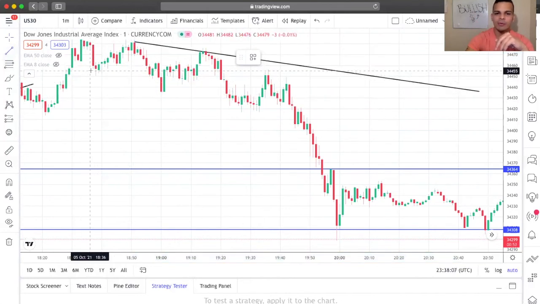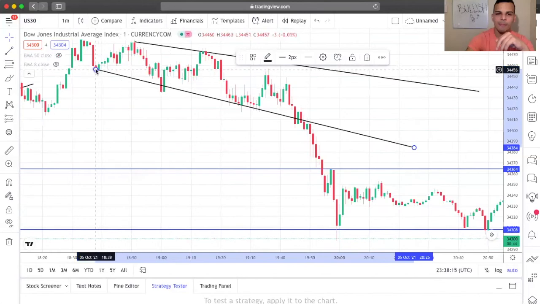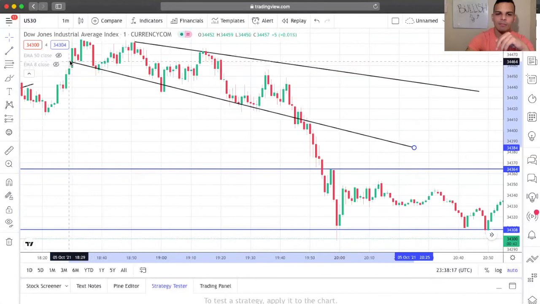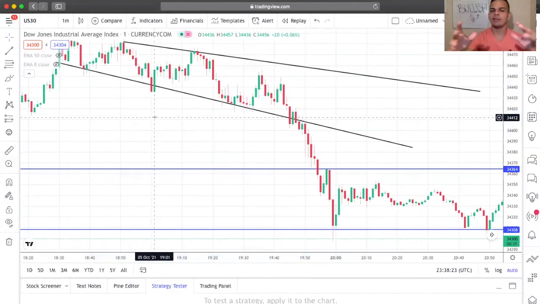I'm going to look for a bottom, and I'm just going to draw my line. Wait, one second. Let me fix this. Right? So sometimes the trend lines are going to be perfect. Sometimes it'll be a little sloppy. It is what it is. You really just want to get the general idea.